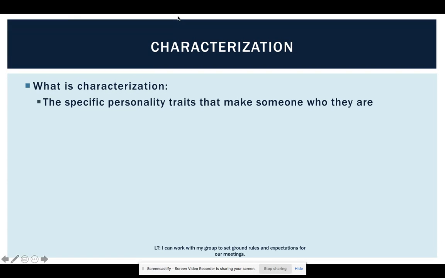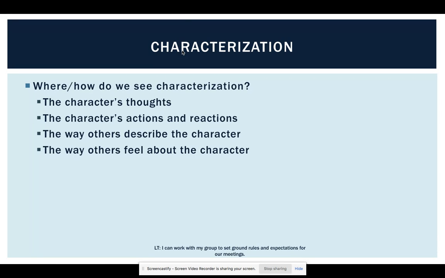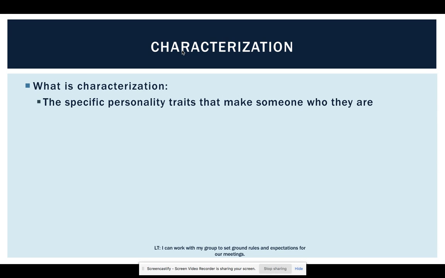So when we talk about characterization, what we mean is the specific personality traits that make someone who they are. That would be things like funny, responsible, careless, thoughtful, respectful, mean, right? So it's kind of their personality, the way that they are most of the time.